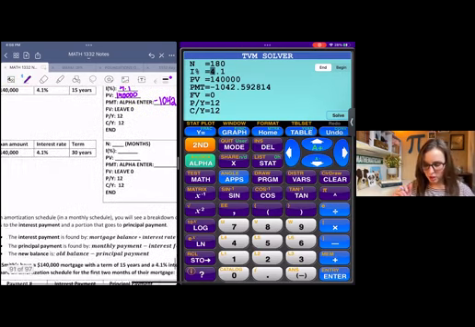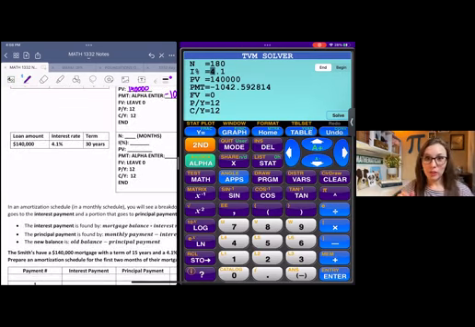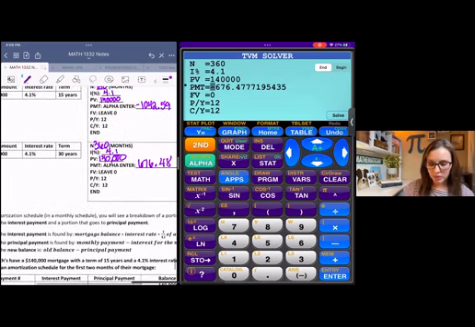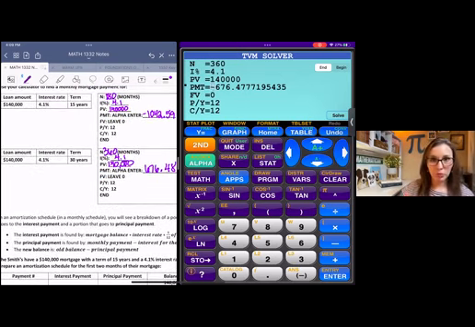Now try the next one. Input your information and see what you get for your monthly payment. Okay, so we can see here when we input all of our information, we get $676.48, which is considerably lower than the previous loan. We have the same principal, the same interest rate, but double the term.